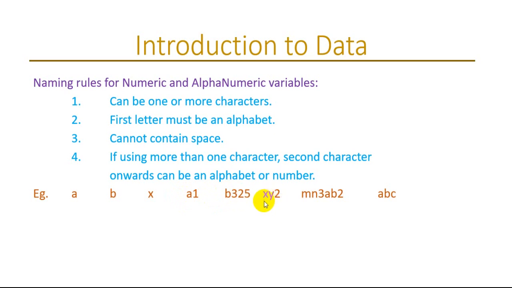Here again, valid variable name XY2, starting with an alphabet and contains alphabet and numbers. No issue. Again, this also is a valid variable name, starting with alphabet. There is a 3 here, then alphabet and a 2, because if using more than one character, second character onwards can be an alphabet or a number. So that's why this is all fine.